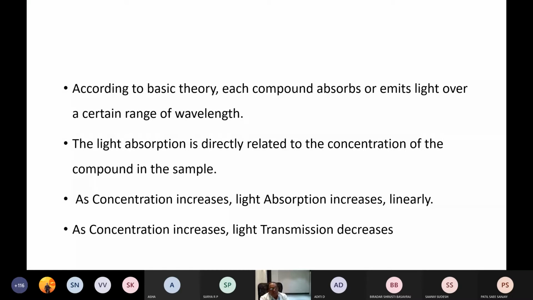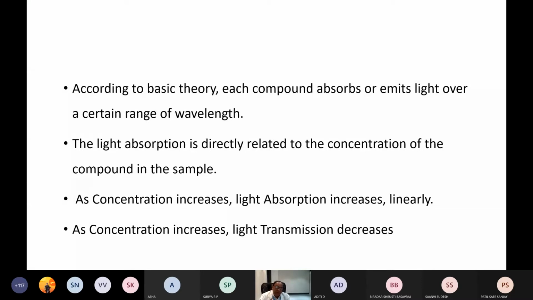As the concentration increases, the light transmission decreases. Just imagine that you have some colored concentrated solution and you make light pass through it. When it passes, some amount of the light will be absorbed by that solution. So absorption of the light depends upon the concentration of the solution. They go hand in hand. As the concentration increases, the light absorption also increases.